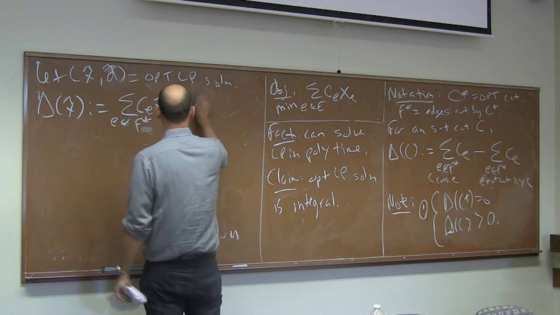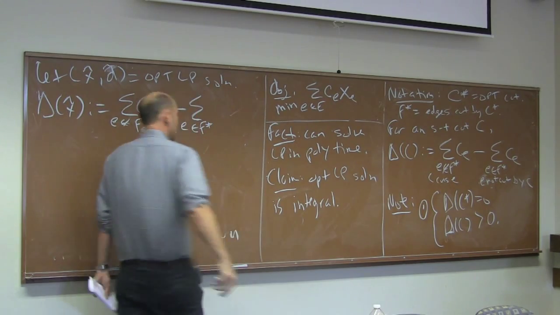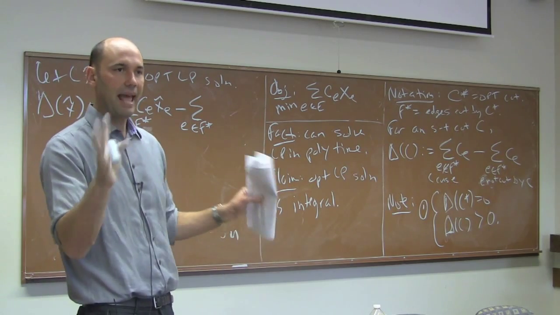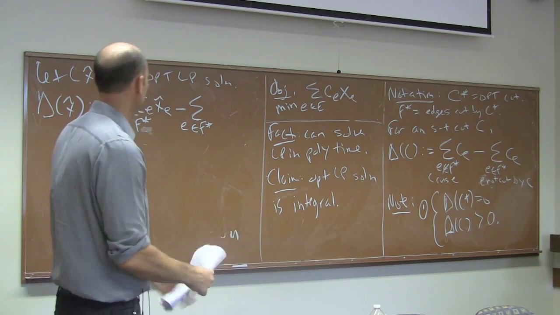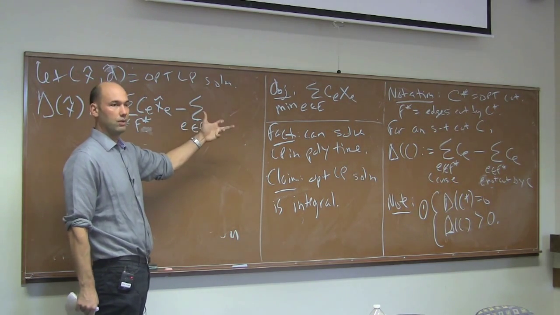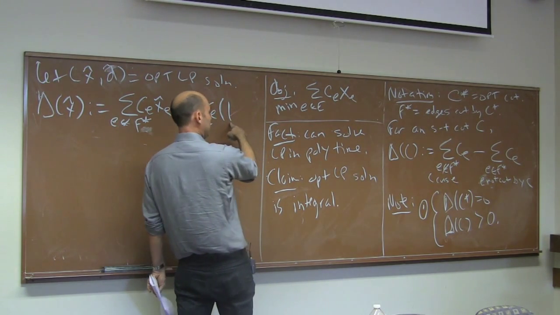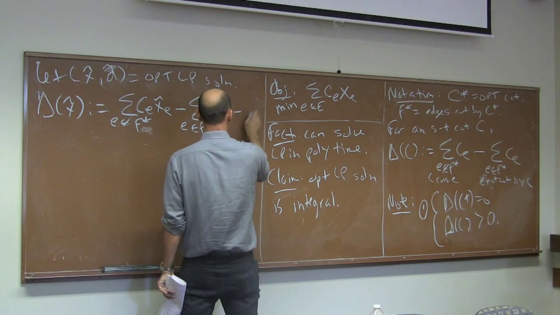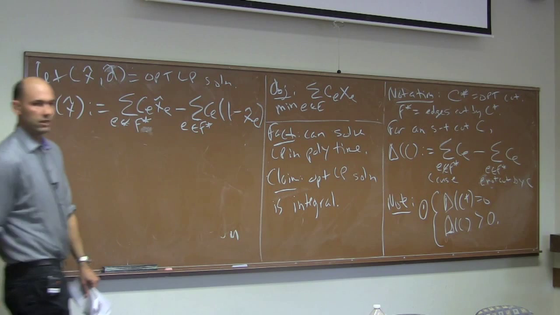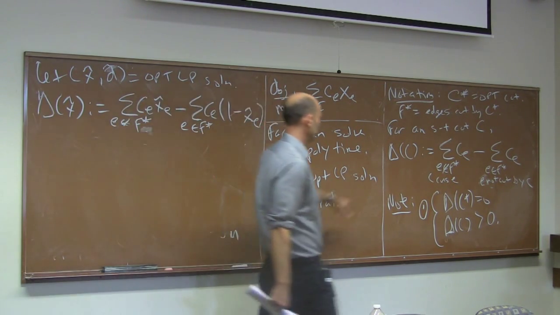Now the other term, we also get this rebate. For any edge which C star cuts, that corresponds to an x value of 1, to the extent that our x value is less than 1, we get that difference back as a rebate. So again, it's c sub e. 1 is what C star is paying. So the extent to which x hat is less than 1, that's a bonus that we get. That's a rebate.